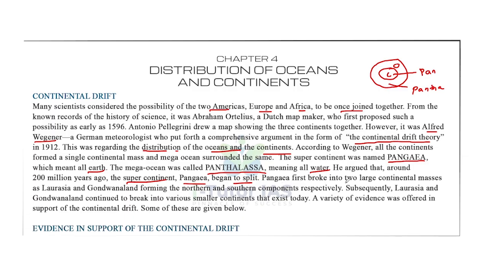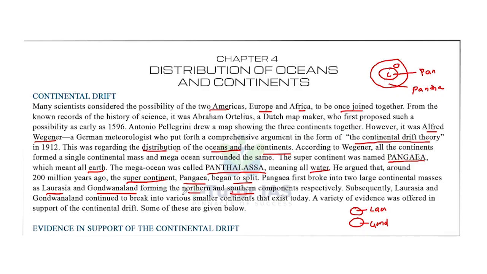Pangaea first broke into two large continental masses as Laurasia and Gondwana land, forming the northern and southern components respectively. So he said this continental mass began to separate and form two big masses. The first one is called Laurasia and the second one is called Gondwana land.